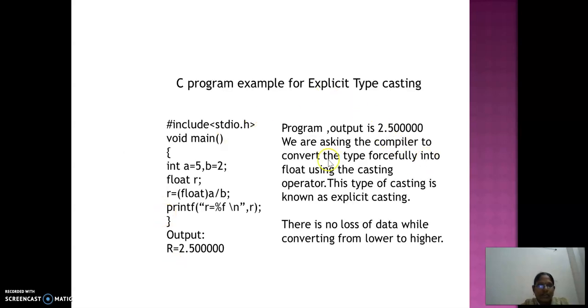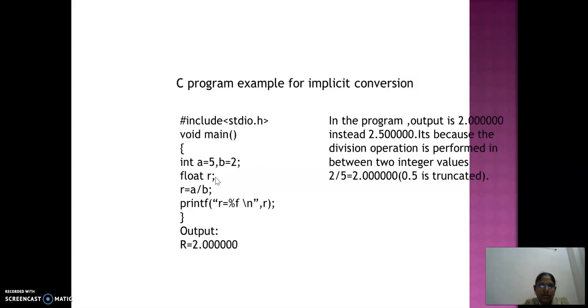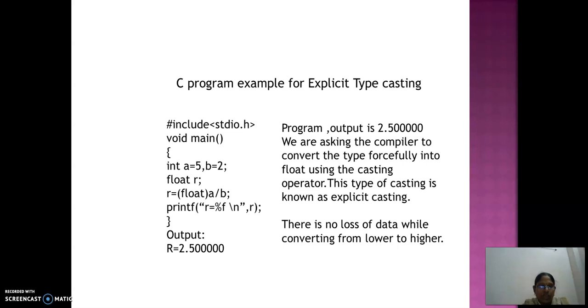Next, see here the previous example which we have seen. Here you are declaring a is equal to 5 and b is equal to 2, r is equal to a by b. Now here I am converting a, one of my integer variables, into a floating point variable.